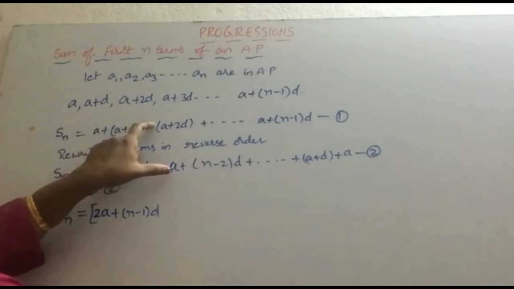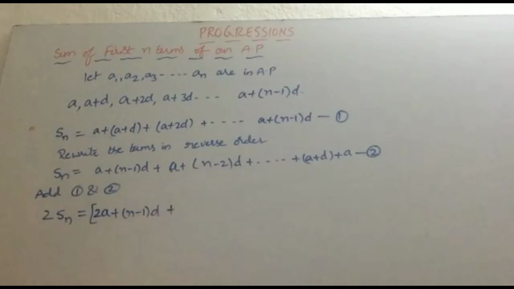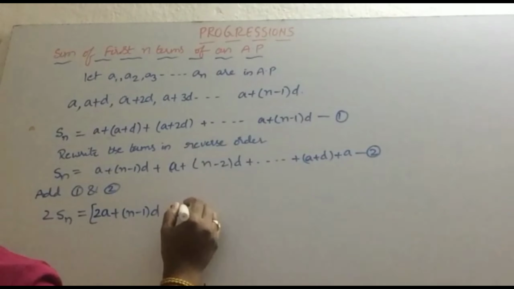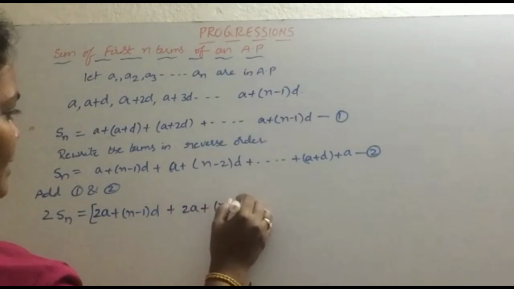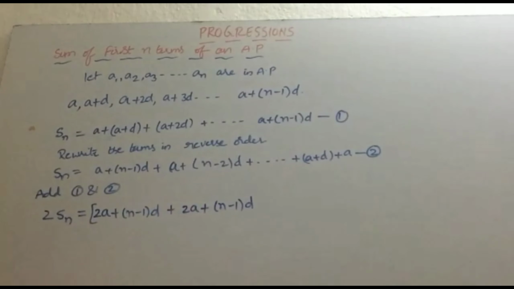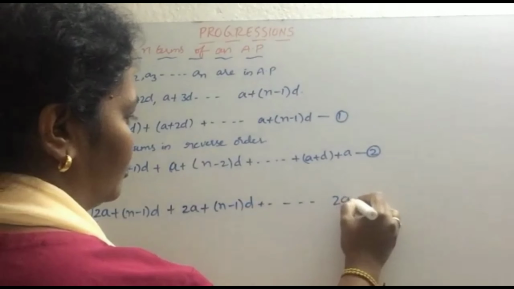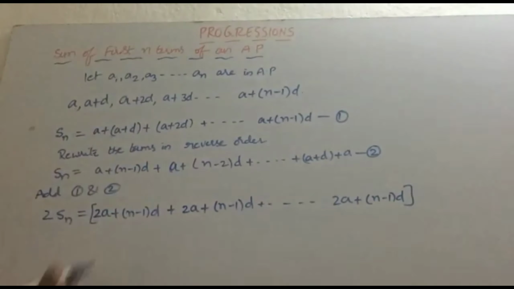And I will add these two terms, then plus 2a plus n minus 1 into d, plus and so on, 2a plus n minus 1 into d. So all the terms are the same.